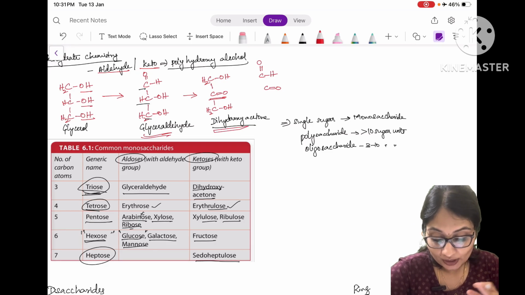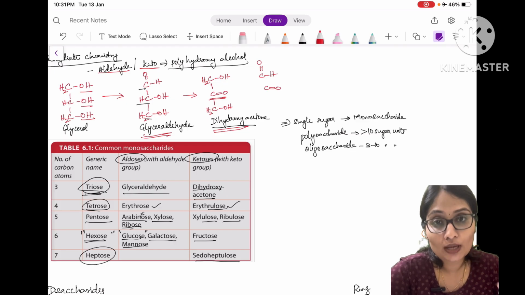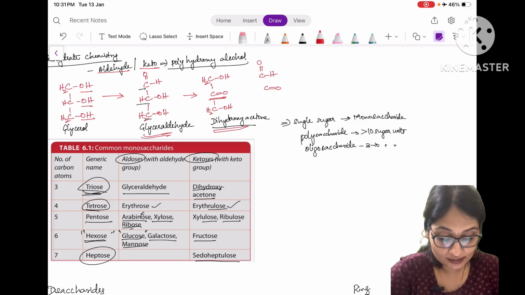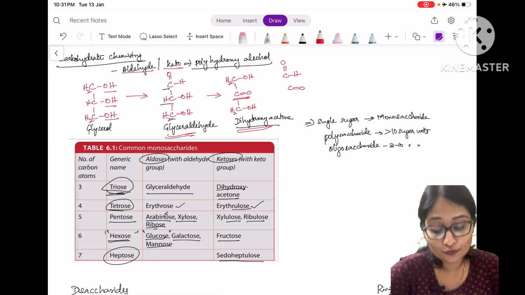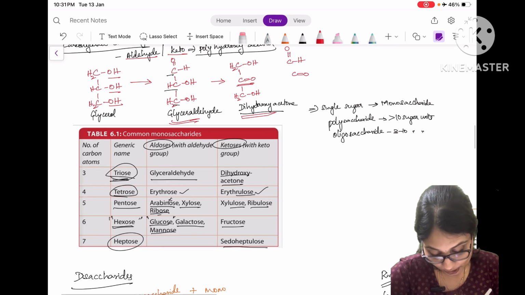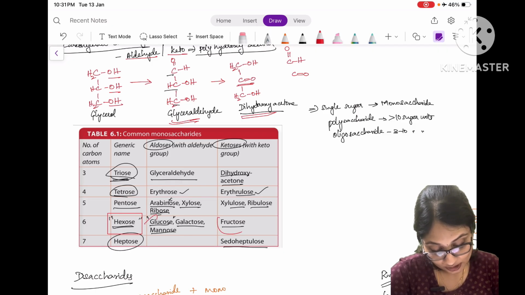Then we saw the different classifications of carbohydrates: monosaccharides, disaccharides, and so on. Monosaccharides were further classified depending upon the number of carbons present. The commonest one is hexose. The aldohexose is glucose, the commonest one, and a ketohexose is fructose.